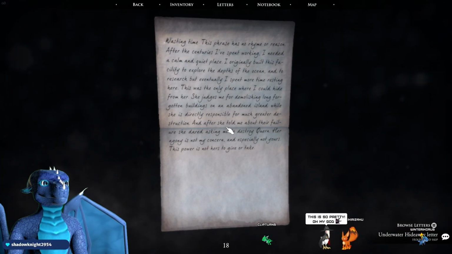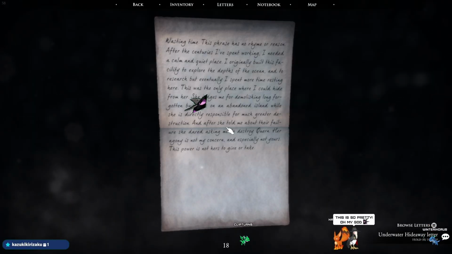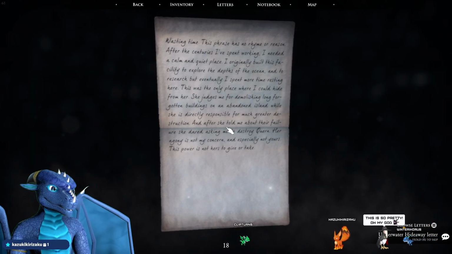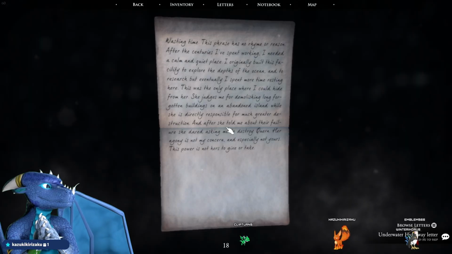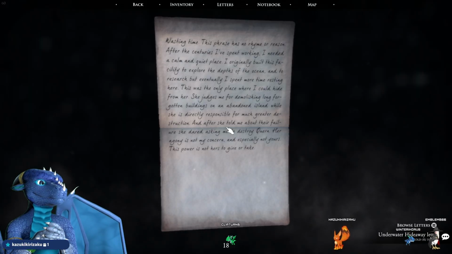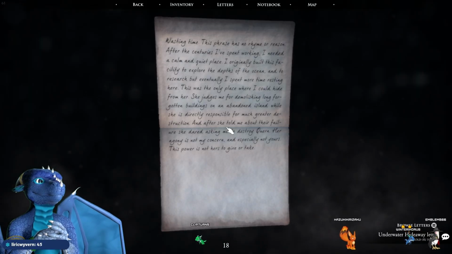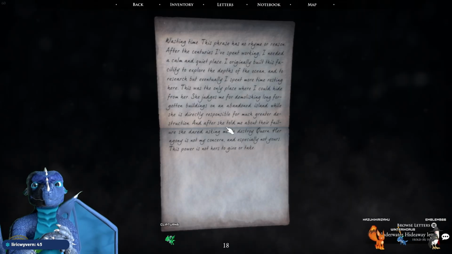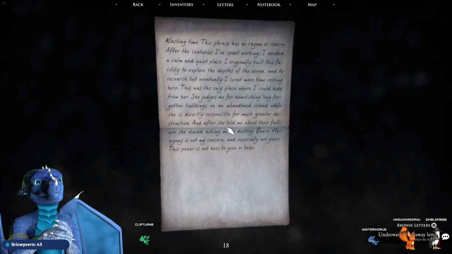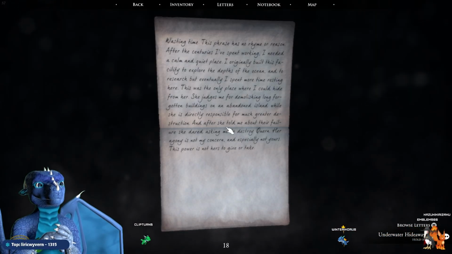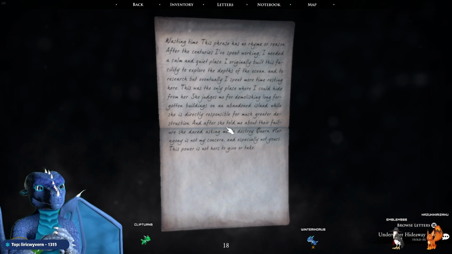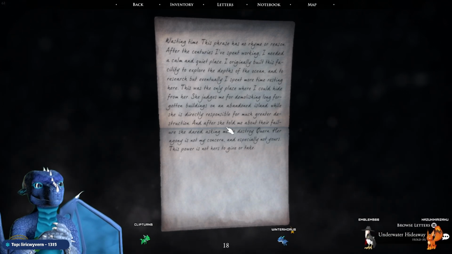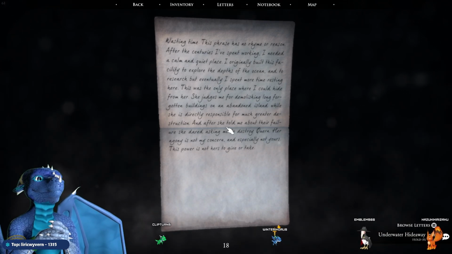Wasting time. This phrase has no rhyme or reason. After the centuries I've spent working, I needed a calm and quiet place. I originally built this facility to explore the depths of the ocean and to research, but eventually I spent more time resting here. This was the only place where I could hide from her.